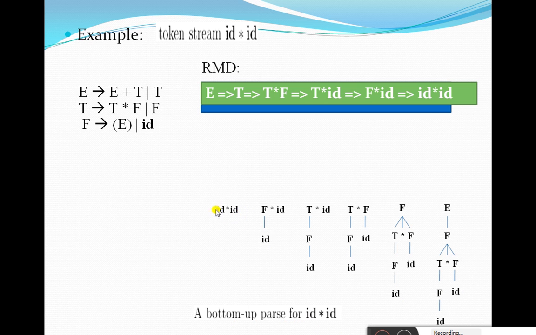You can take some valid input string and you can show the sequence of parse trees, starting from the string to construction of the complete parse tree. So this is how all the bottom-up parsers will work, from a given string to a complete parse tree.